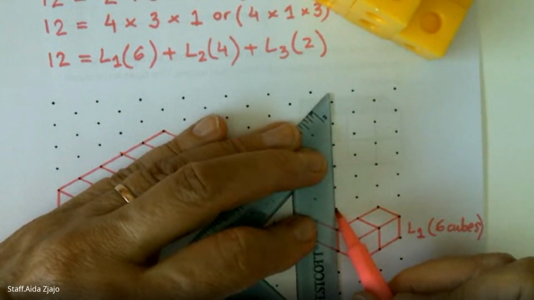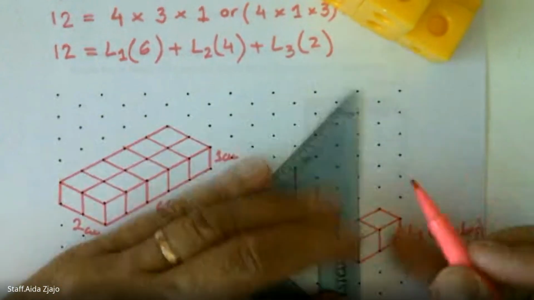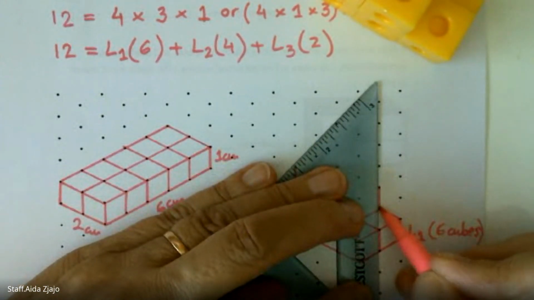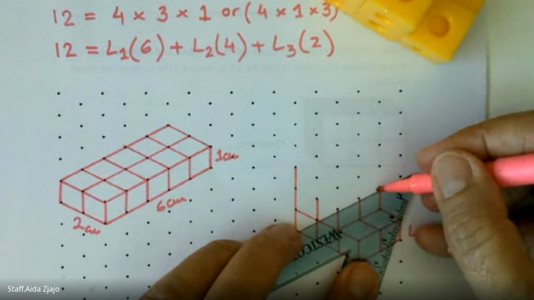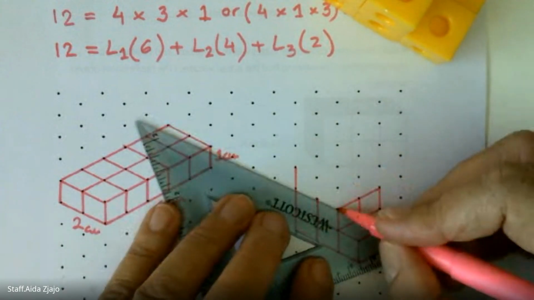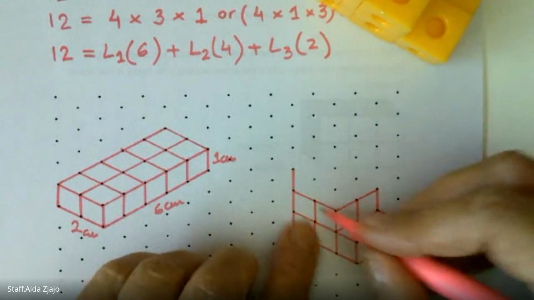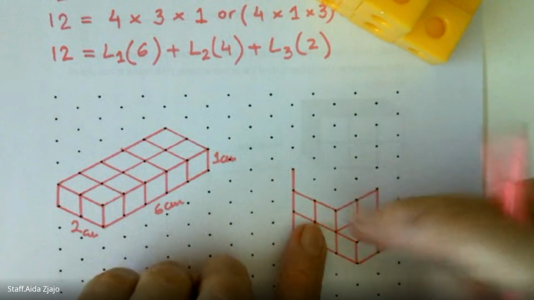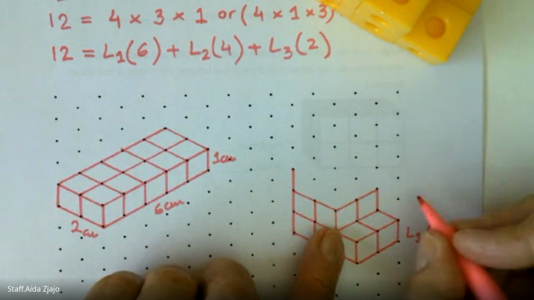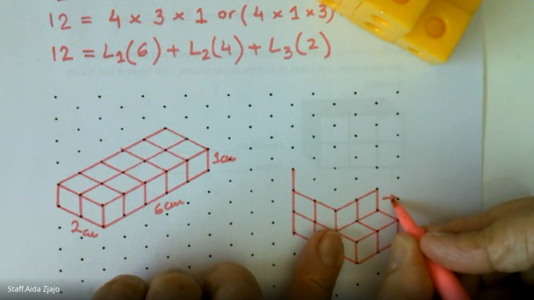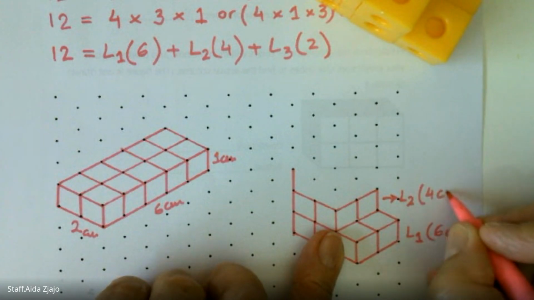Layer 2 is going to have only 4 cubes. 2 by 2, 2 times 2 is 4, so it's going to be 1, 2, 3, 4 cubes in layer 2.